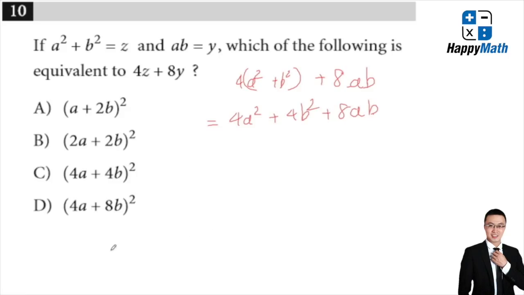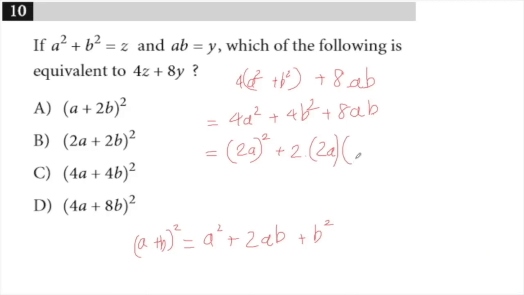We have the general formula of the square of a sum: a plus b, squared, equals the first number squared plus 2ab plus b squared.